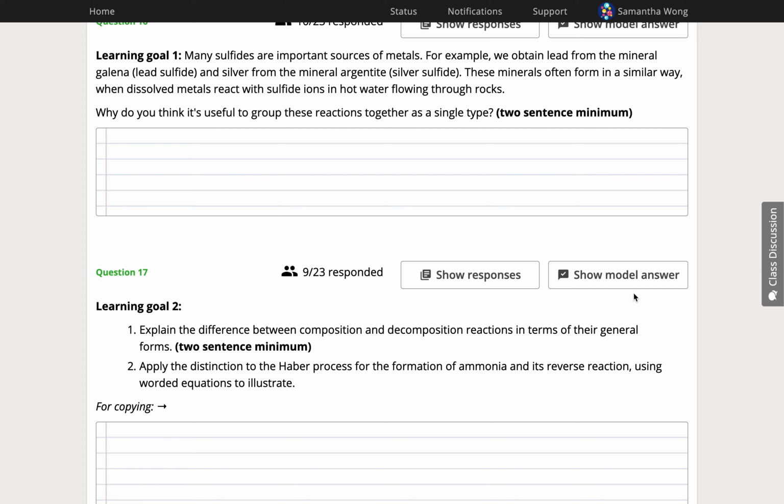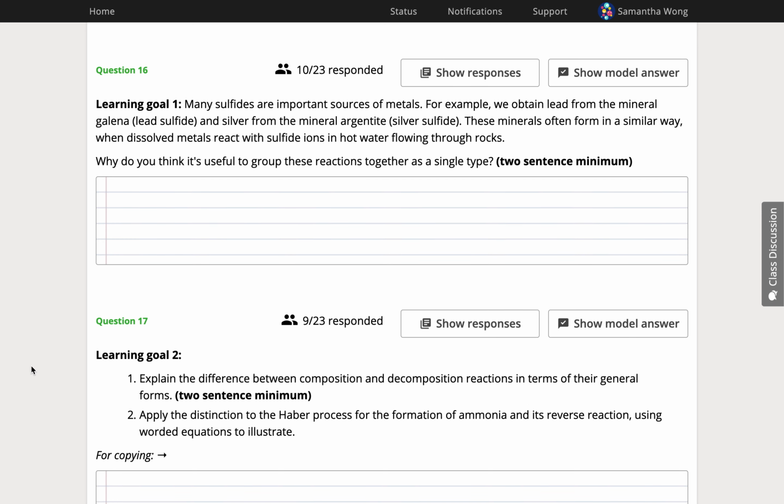Now, for question 16. Many sulfides are important sources of metals. For example, we obtain lead from the mineral galena, also known as lead sulfide, and silver from the mineral argentite, also known as silver sulfide.